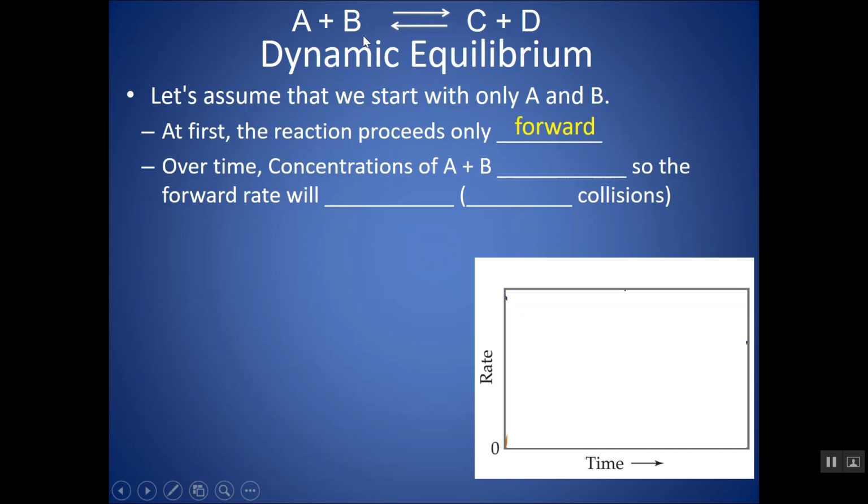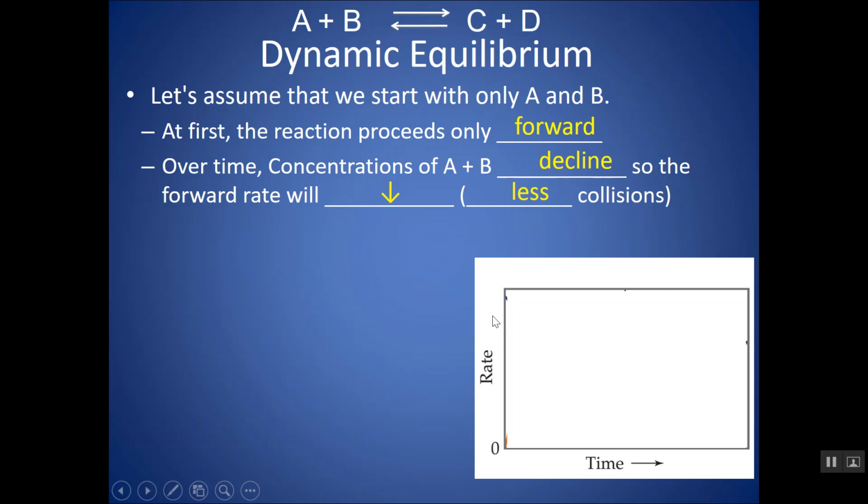Over time, the concentrations of my reactants will decrease because they are colliding and reacting and turning into product. They're getting used up. So overall, the forward rate will typically decrease over time as I use up my reactants, and there would be fewer collisions happening between them.